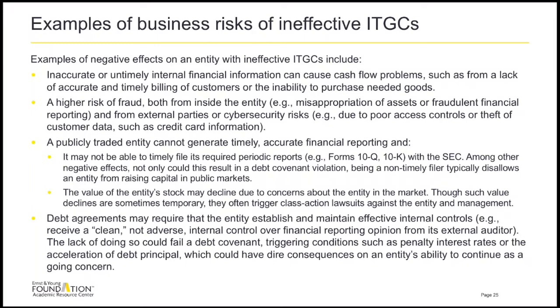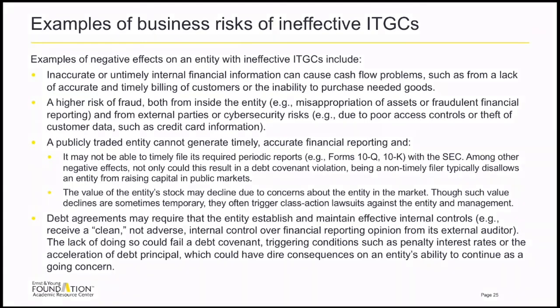And lastly, what are the examples of business risk of ineffective ITGC? So examples of negative effects on an entity with ineffective ITGC include inaccurate or untimely internal financial information can cause cash flow problems, such as a lack of accurate or timely billing of customers or inability to purchase needed goods.